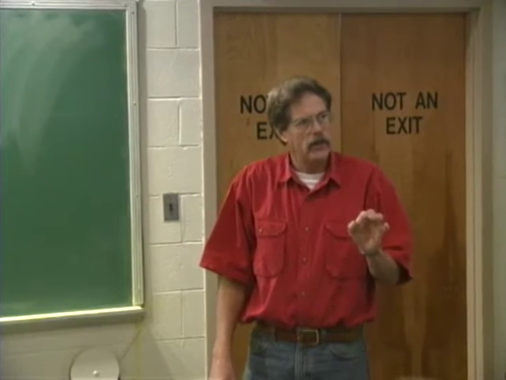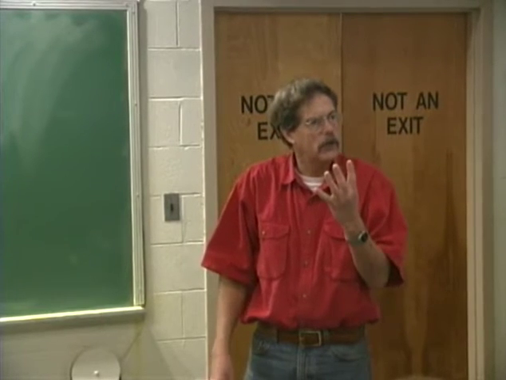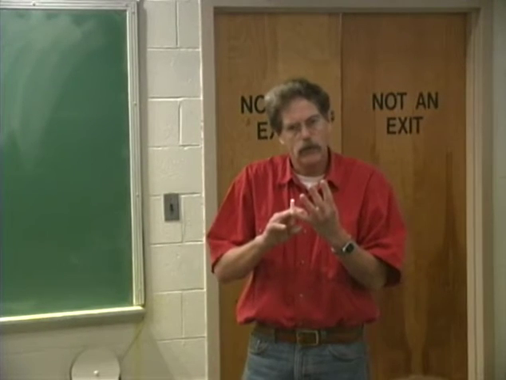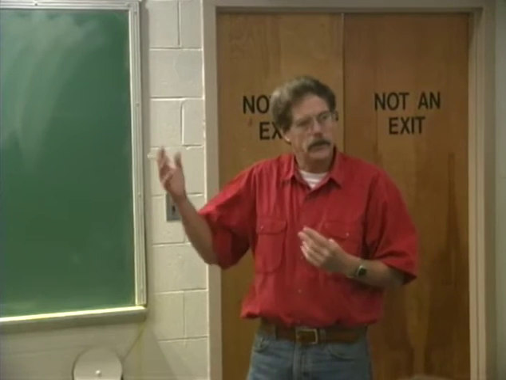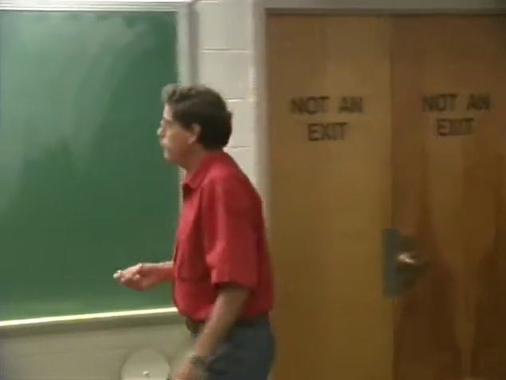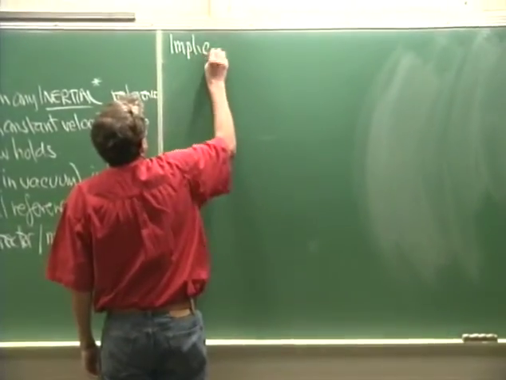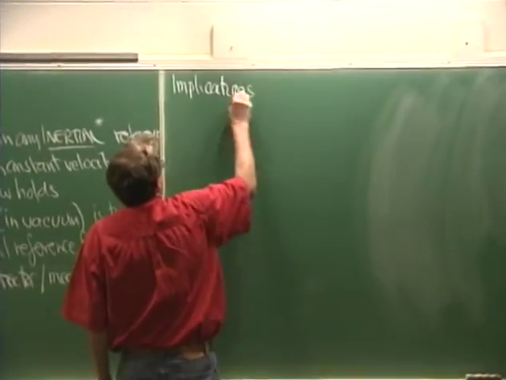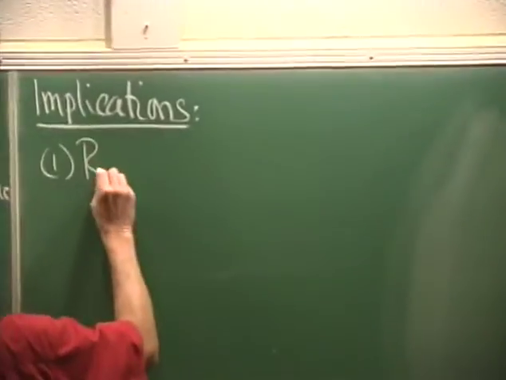I'll tell you in advance that there are actually 4 basic effects of relativity, and once we've done those, it's not as though every time you turn around, there's going to be some new bizarre effect. There are 4, and once you adjust to those, that's pretty much it. So, number 1. The relativity of simultaneity.